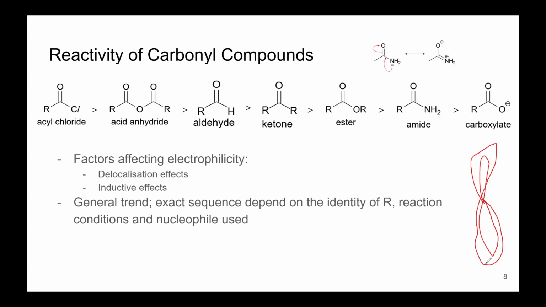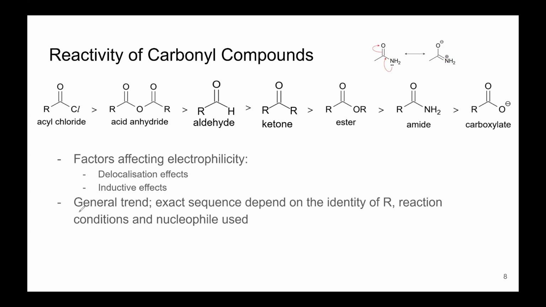So it kind of destroys the overlap, and because of that, the chlorine atom doesn't share much electron density through delocalization towards the electrophilic carbon. In this case, the inductive effect due to the electronegativity of chlorine wins over and pulls the electron away from the electrophilic carbon, making it more electrophilic and making acyl chloride almost the most reactive carbonyl compound you can find around. So these are the factors that you can consider.